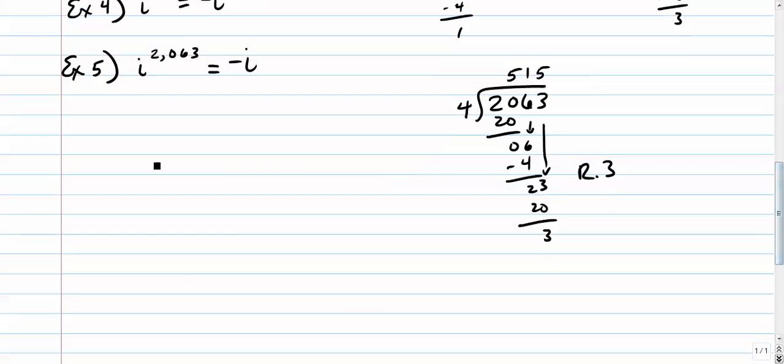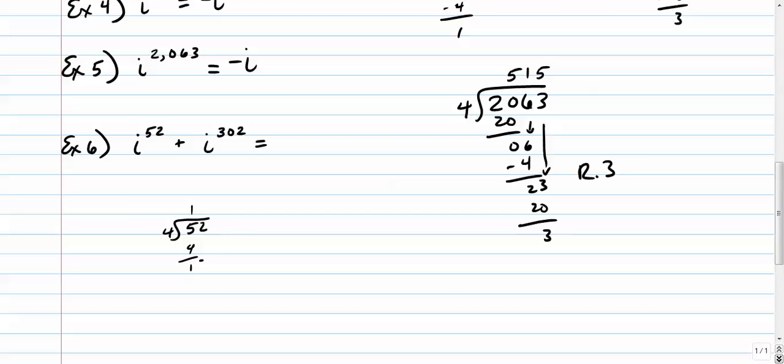All right, and this works for more complicated arithmetic. If you had i to the 52nd plus i to the 302nd, we can do that as well. So you take 52 over 4. Let's see, I think this is going to work out evenly. That's 13 R0. So i to the 52nd power is just 1.